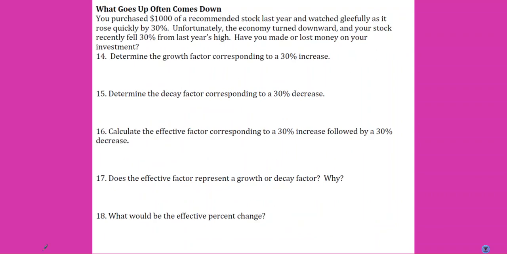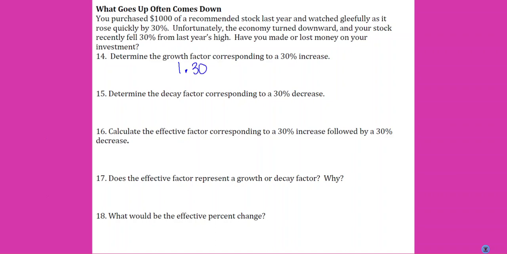So what goes up often comes down. So what if we have increases and decreases? You purchased $1,000 of a recommended stock last year and watched gleefully as it rose quickly by 30%. Unfortunately, the economy turned downward and your stock recently fell 30% from last year's high. Have you made or lost money on your investment? The growth factor corresponding to a 30% increase would be 1.30.